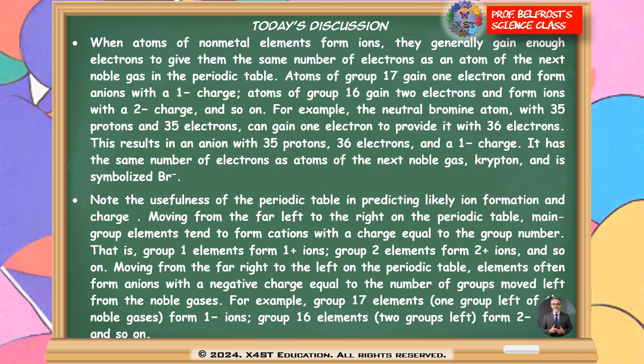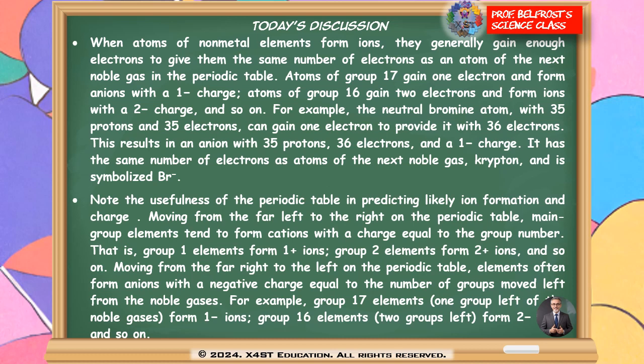For example, a neutral bromine atom with 35 protons and 35 electrons can gain 1 electron to provide it with 36 electrons. This results in an anion with 35 protons, 36 electrons, and a negative 1 charge. It has the same number of electrons as an atom of the next noble gas, krypton, and it is symbolized as Br minus.